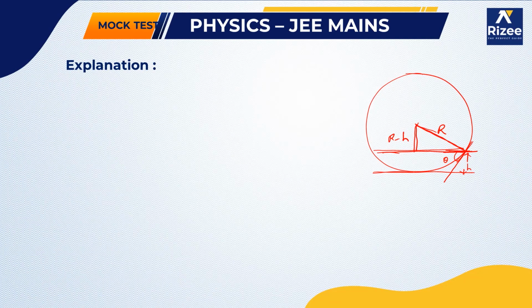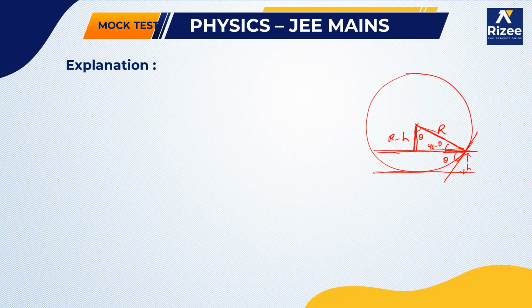If this is your theta, then this angle will be 90 minus theta. Now this angle will be theta. As we have told, the tangent drawn at any point of a circle will be perpendicular to the radius here. So we need to find theta.